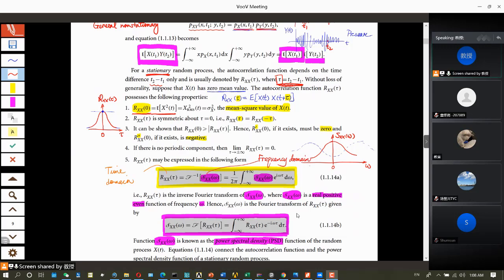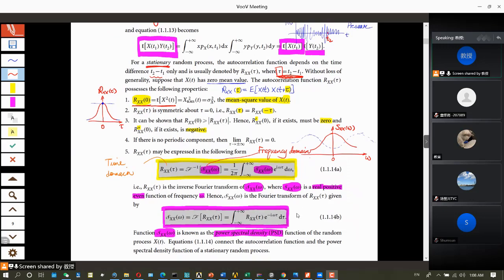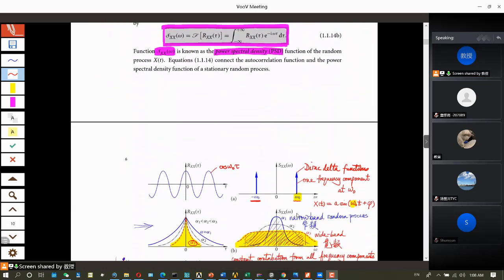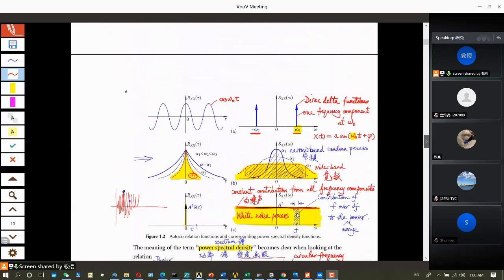The time domain information is specified by the autocorrelation function, and in the frequency domain, it's specified in terms of the power spectral density for a stationary random process. At the end of last week, we were looking at a few examples.